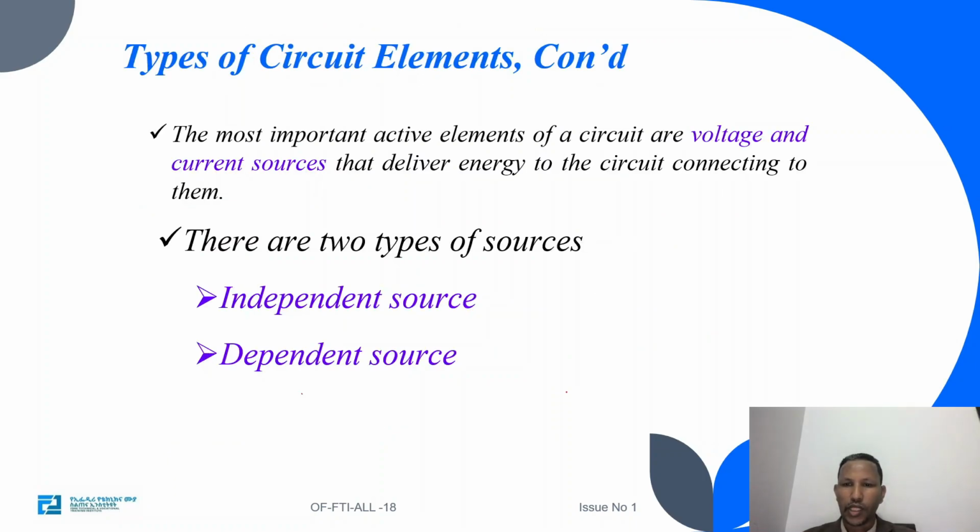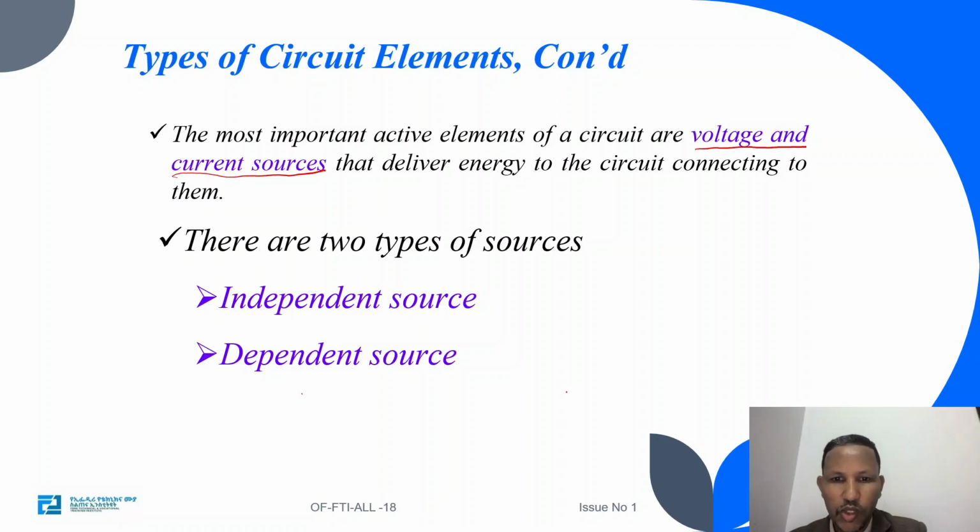When you come to sources, the most important active elements of a circuit are voltage and current sources. That means we use voltage and current sources that deliver energy to the circuit connected to them. The voltage source can be connected to the circuit so that it delivers energy to the circuit, and a current source can also deliver energy to the circuit.